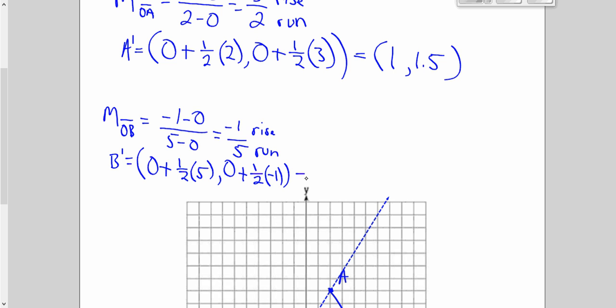What's 0 plus 2.5? What's half of negative 1? Negative 0.5. So negative 0.5. Does that clear things up a little bit? I don't think it's as complicated as you think. As long as you picture what you did when you counted the grid, you're just doing it mathematically.